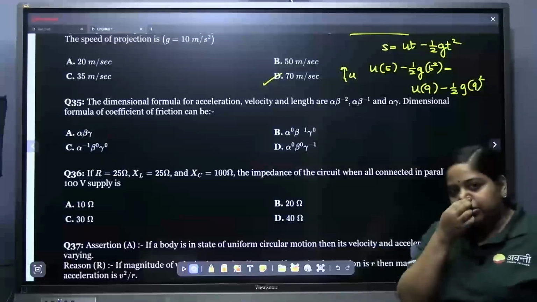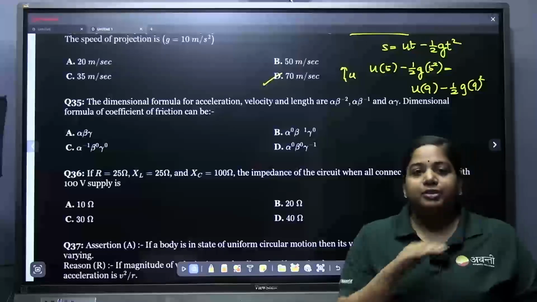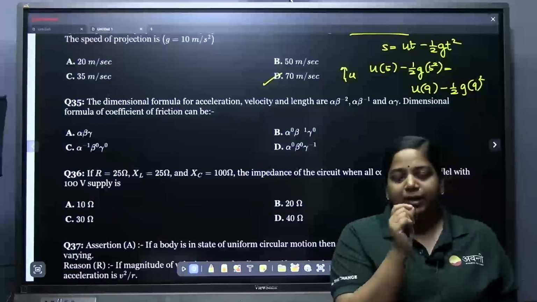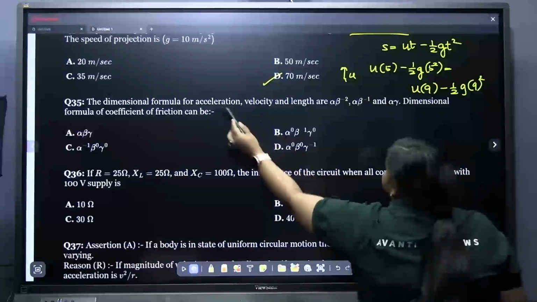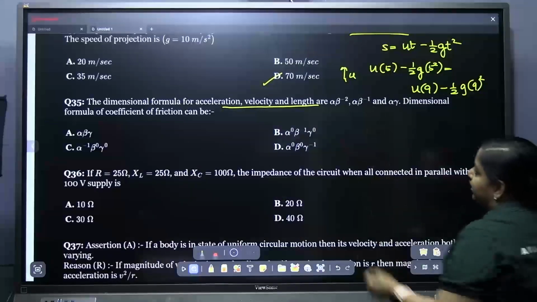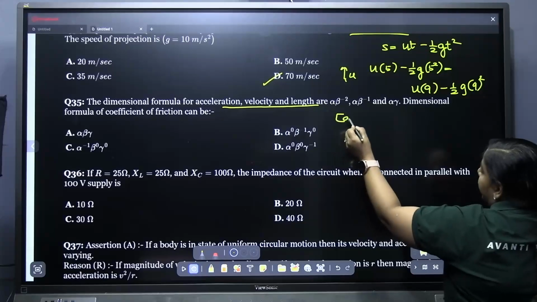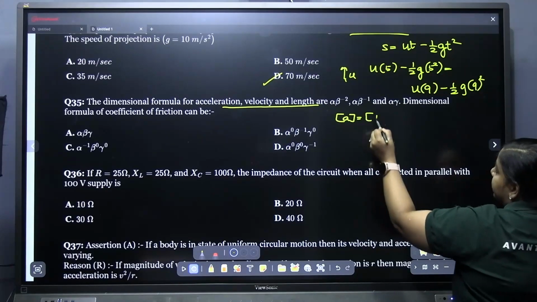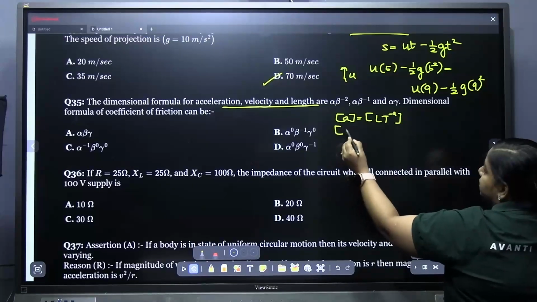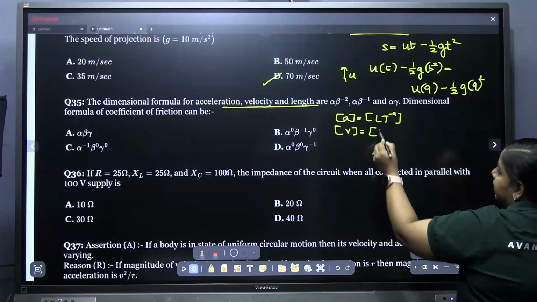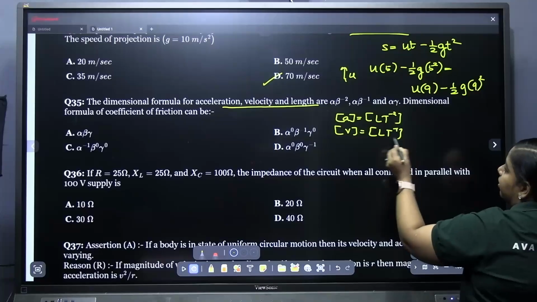This one also, the concept you know, but you might miss one point in that. Here acceleration, velocity, length is given as this. We know acceleration dimension is L t power minus 2. Velocity dimension is L t power minus 1.